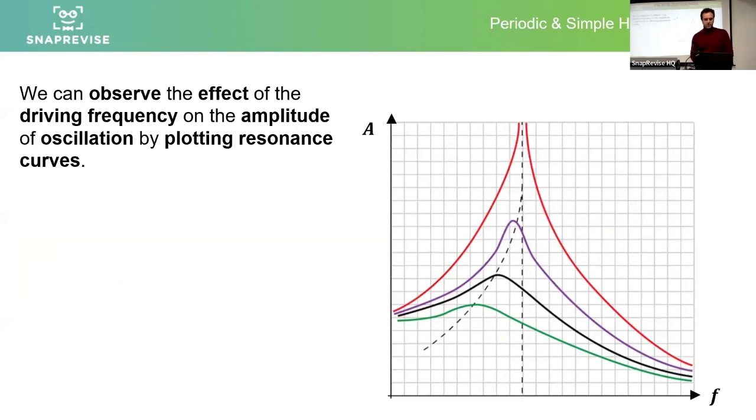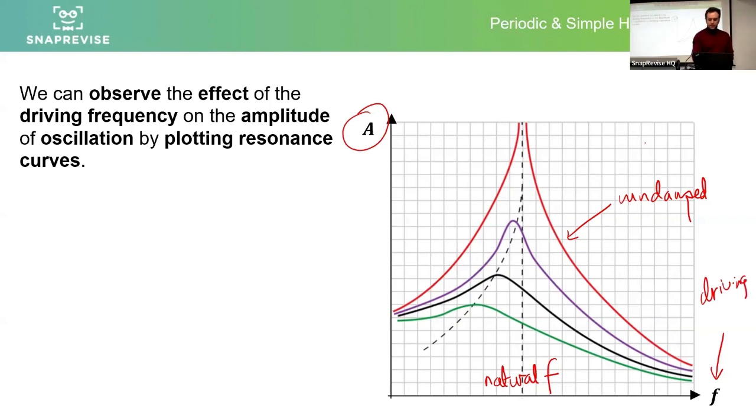How much can it increase the amplitude? Well, quite a lot. So here we have the natural frequency, this central dotted line. And in red, we have undamped. And what we are plotting here is the amplitude, so the maximum displacement, as we apply a range of driving frequencies.